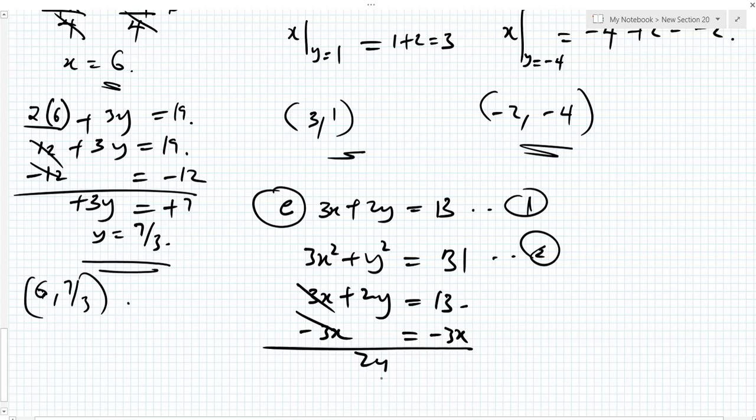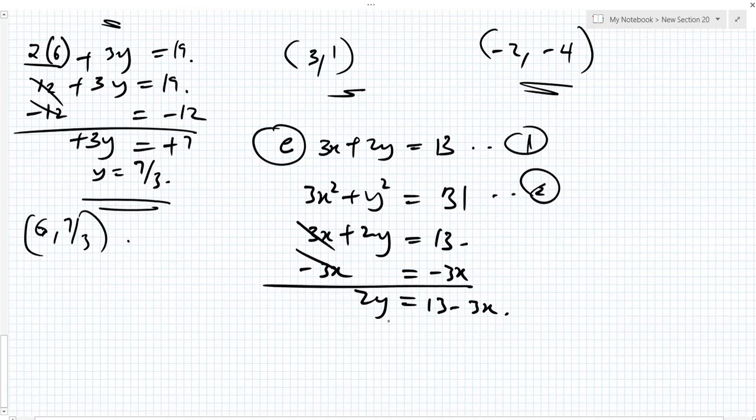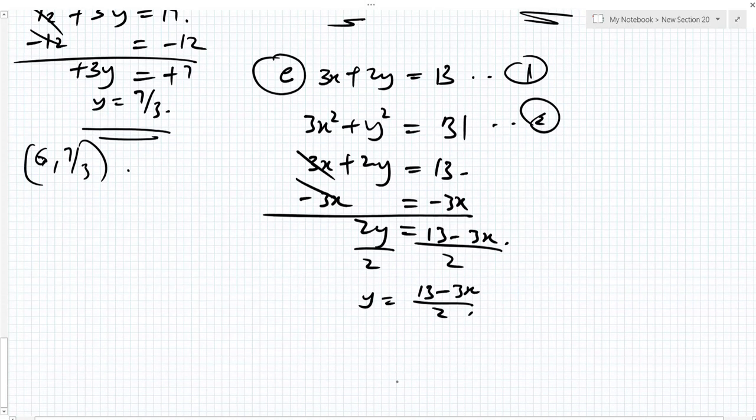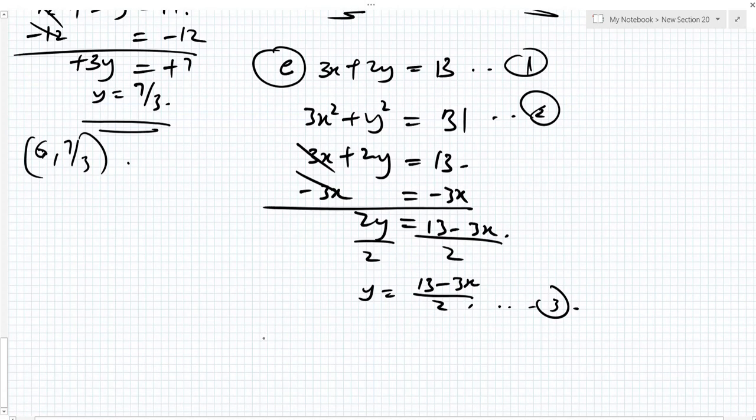You have 2y equal to 13 minus 3x. If you divide all through by 2, you have y equal to 13 minus 3x all over 2. So this is equation 3. So substitute equation 3 into equation 2. Anywhere you see y, we replace it with 13 minus 3x all divided by 2.